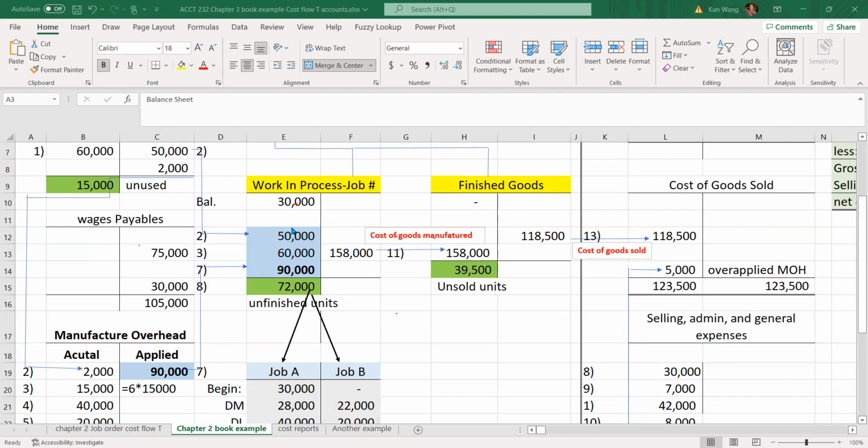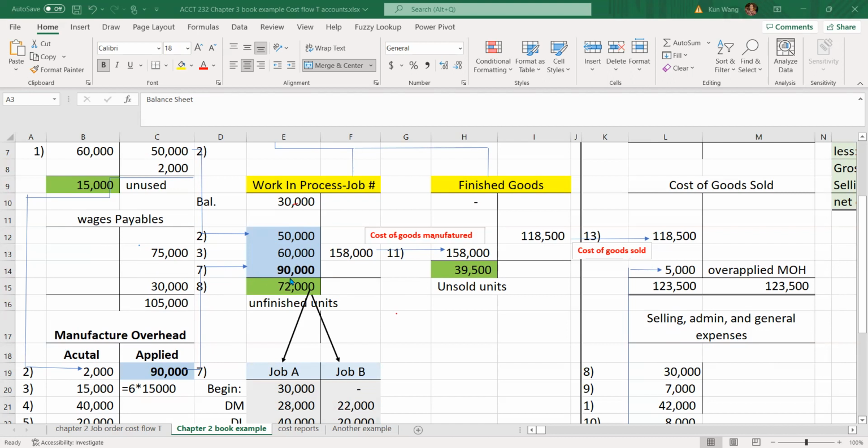So direct labor goes to work in process, indirect labor goes to manufacture overhead, and all period-cost salary and wages we put in the related period expense account. So that's the labor cost.